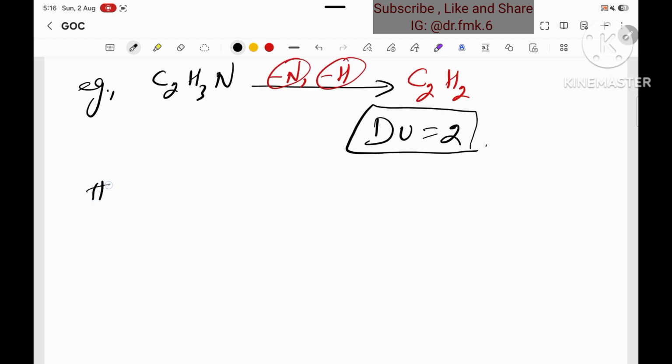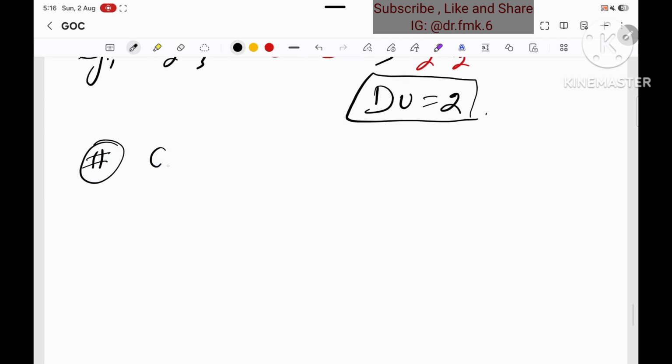We can make a general formula here now for all the compounds, like CnHY, with monovalent atom L times, divalent atom M times, and trivalent atom X times.